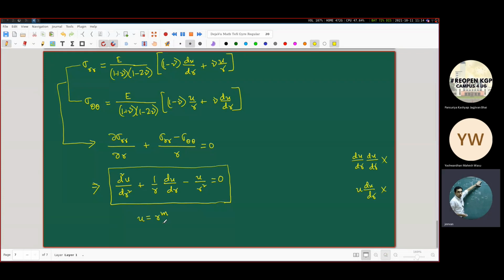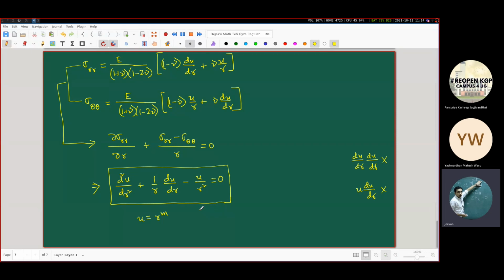Now, this unique solution is very good news to us, because if you can somehow, by hook or crook, guess a solution to a linear equation, you are guaranteed that your guesswork, if it is actually solving the equation, is correct, because that is the unique solution that you will have to your differential equation.